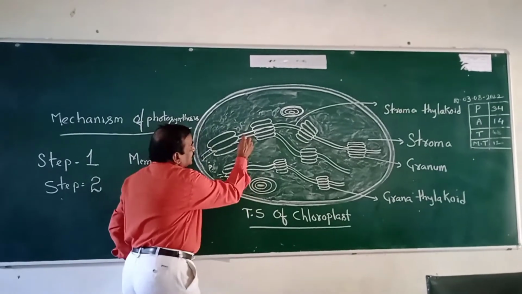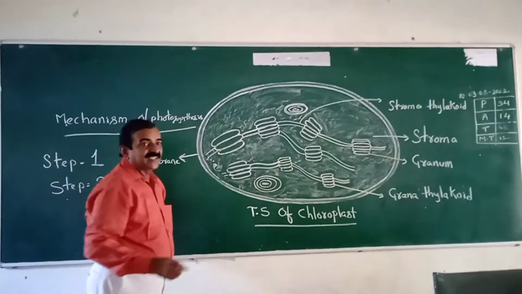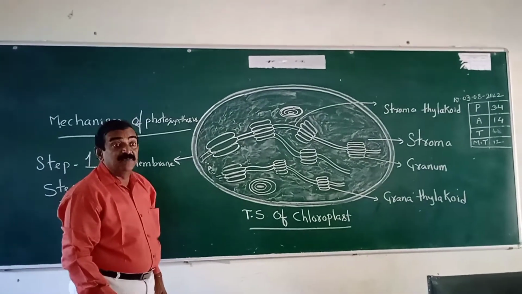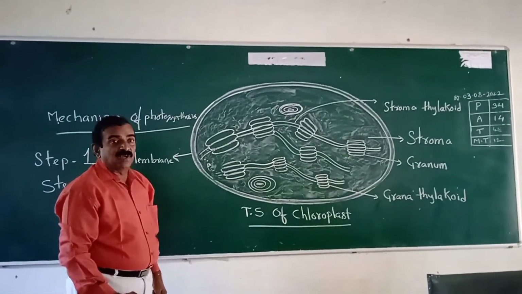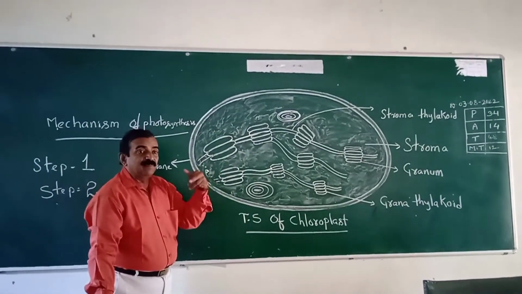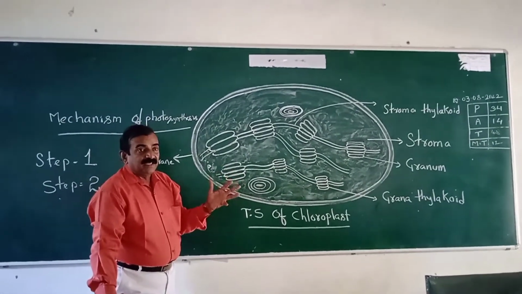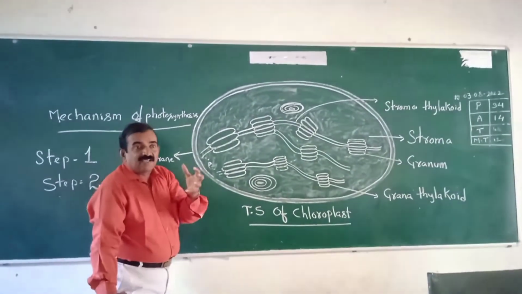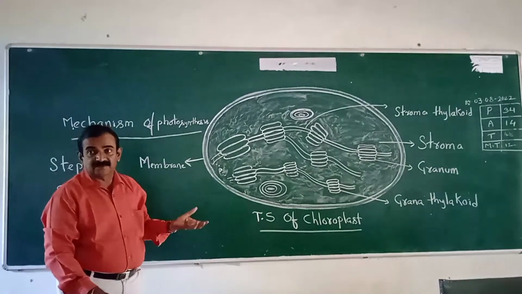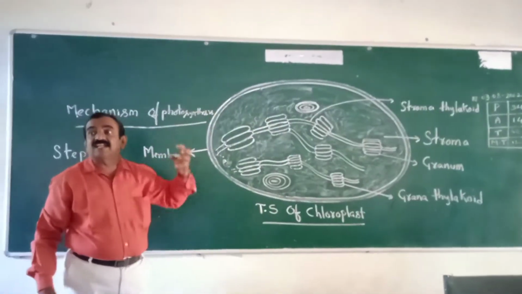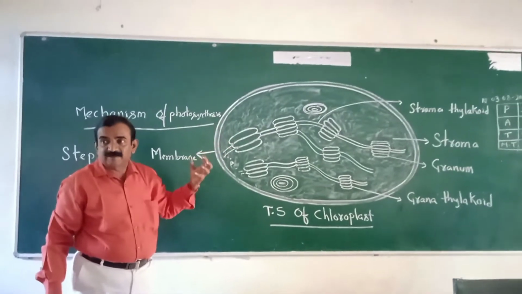And this is thylakoid. In this thylakoid we can see the presence of chlorophyll A and chlorophyll B, which are pigmented molecules. Chlorophyll A is blue green, chlorophyll B is yellow green, and 250 to 400 chlorophylls organize together to form a reaction center, and these reaction centers are useful for harvesting sunlight.